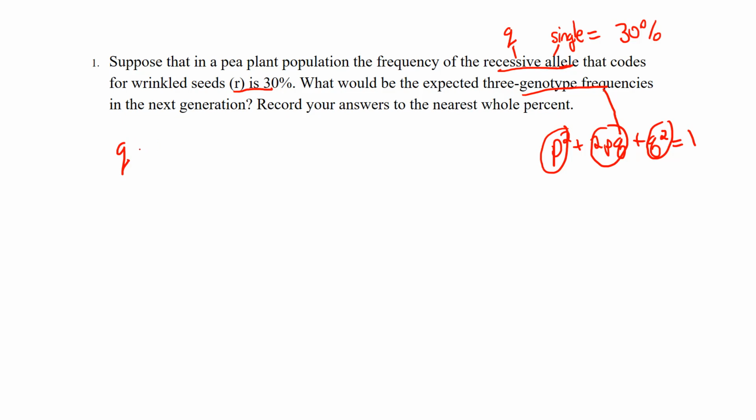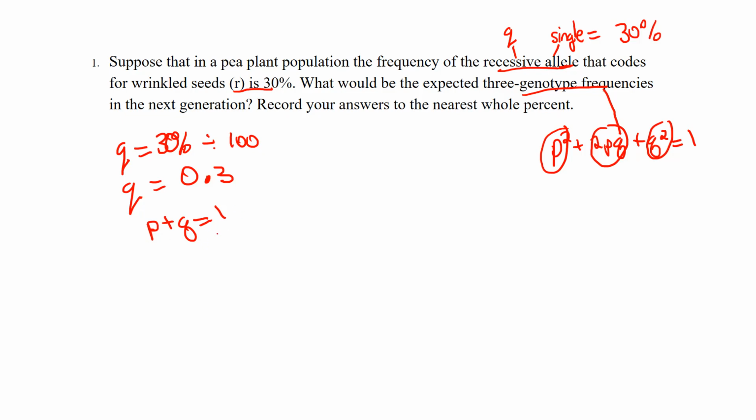So that's our first step. We take that 30% and divide it by 100, or move it over two places to the left, and q will equal 0.3. Once we have q, we know that we can easily find p, because we know p plus q equals 1, or 100% of the population, but in this case 1 for decimal.